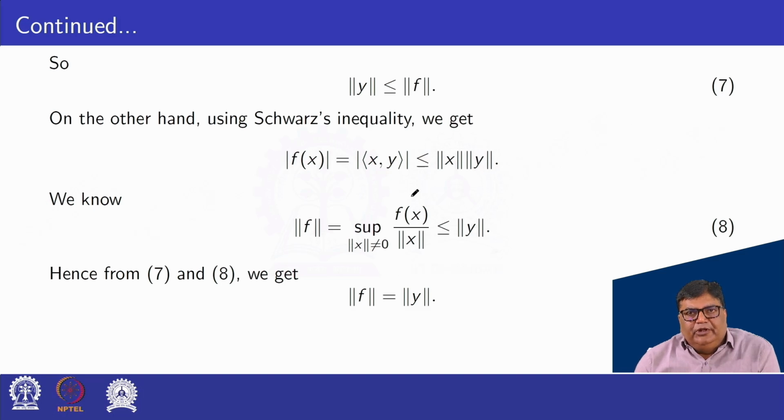So the supremum of mod f(x) upon norm x, that is defined as norm of f, gives norm of f less or equal to norm of y. So from equations 7 and 8, norm of y is less or equal to norm of f, and norm of f is less or equal to norm of y. So we conclude that norm of f is equal to norm of y. Hence proved.